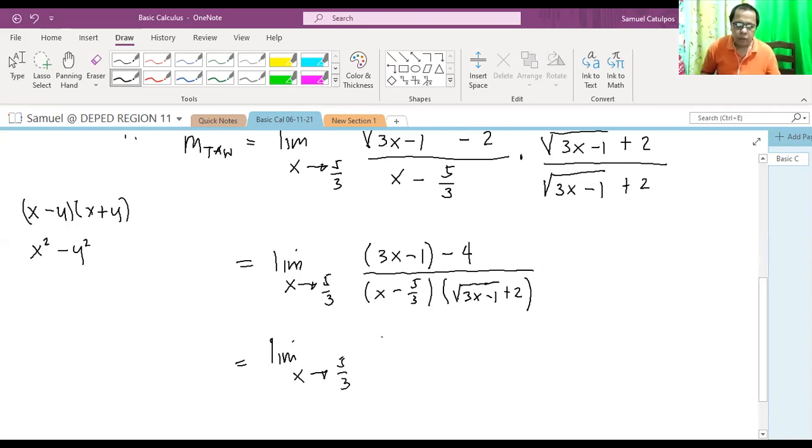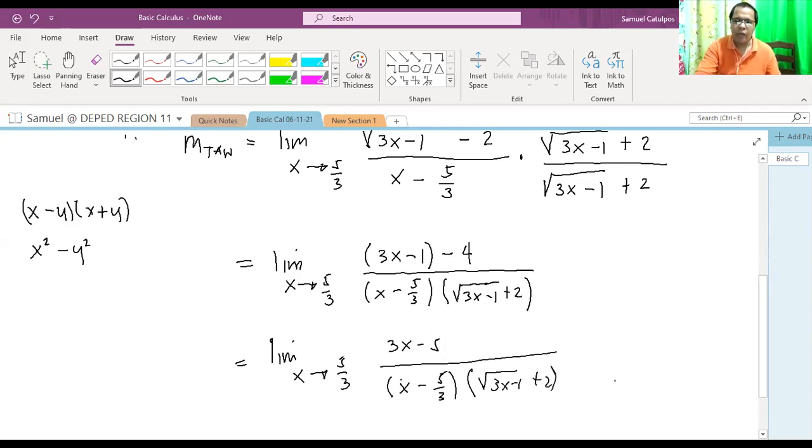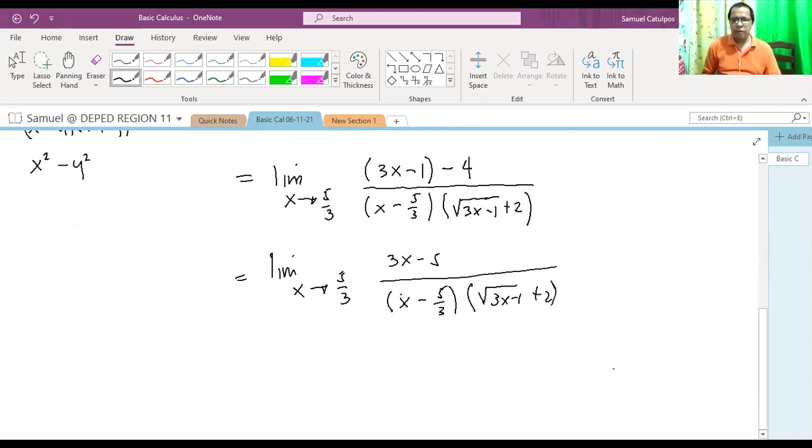So, kani siya, mahimo siyang kay minus, this is 3x minus 5. Okay. Tama ba? Minus 1 minus 4 is negative 5. So, x minus 5/3 gyapon. And then, square root of 3x minus 1 plus 2. Okay. So, diri na ang problema, no?